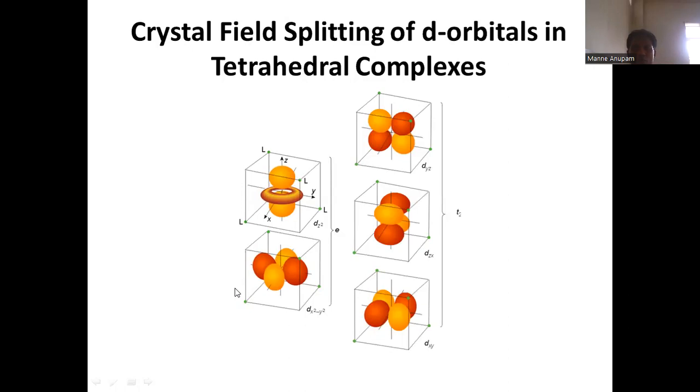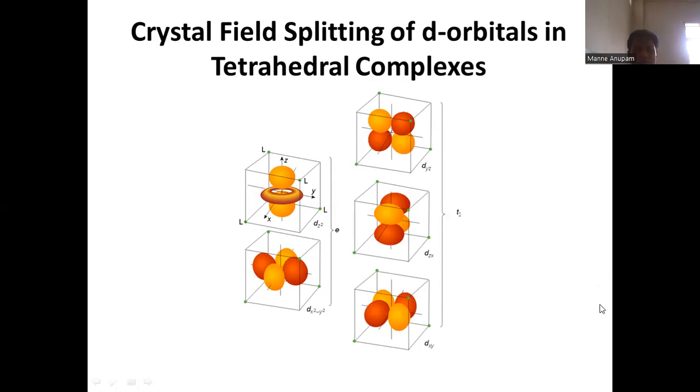The reason is that EG orbitals are present directly on the axis of the ligands. Ligands are coming to the metal ion, and the EG orbitals lie directly on the axis of the ligand. That's why EG orbitals increase in energy and T2G orbitals reduce in energy.